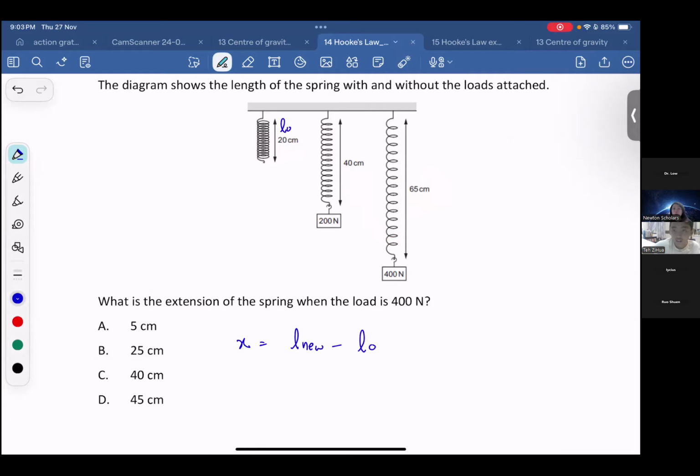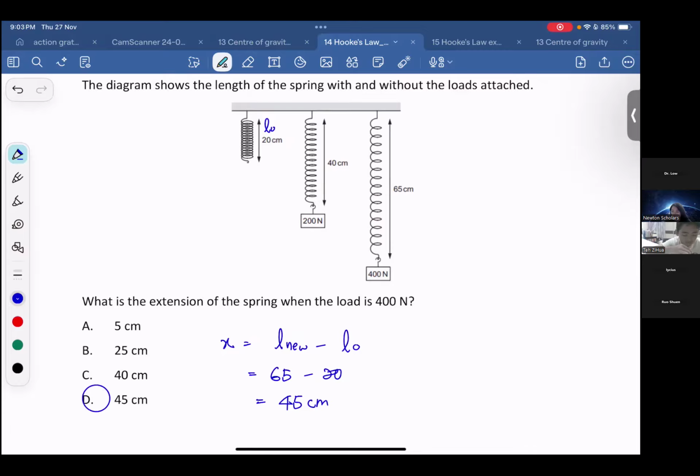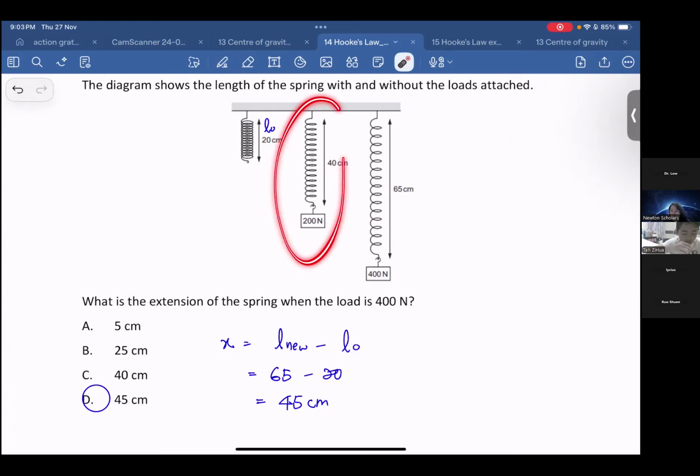The 20 is the original length without any load. Emily correct. Zihua correct. So for this question, 65 minus 20, 45 cm is the answer. Don't use 65 minus 40. The 40 here is just to confuse you.